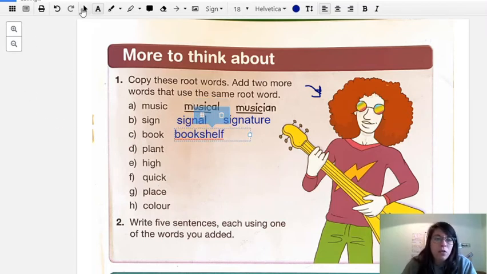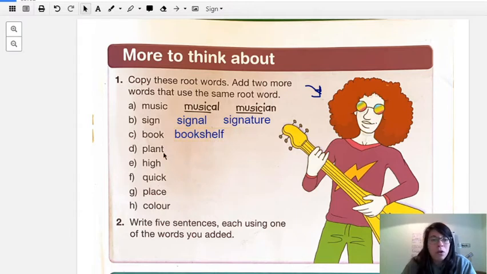Now, I'm going to leave it to you to create one more word for book, two more for plant, two more for hide, two for quick, two for place, and two for color. Now, just so that you know, in British English, color is spelled C-O-L-O-U-R, but I can also accept if you write it like this, color, okay? It is up to you, it is your decision, it's fine.